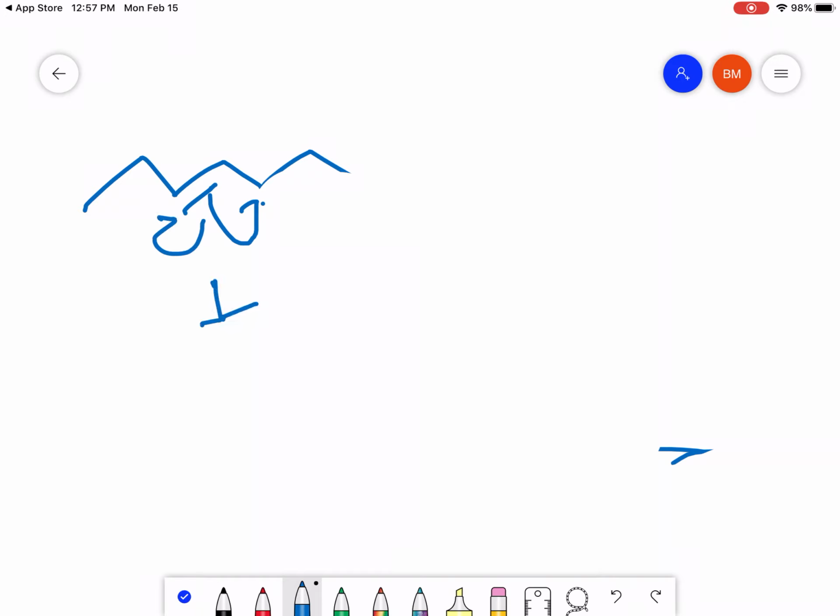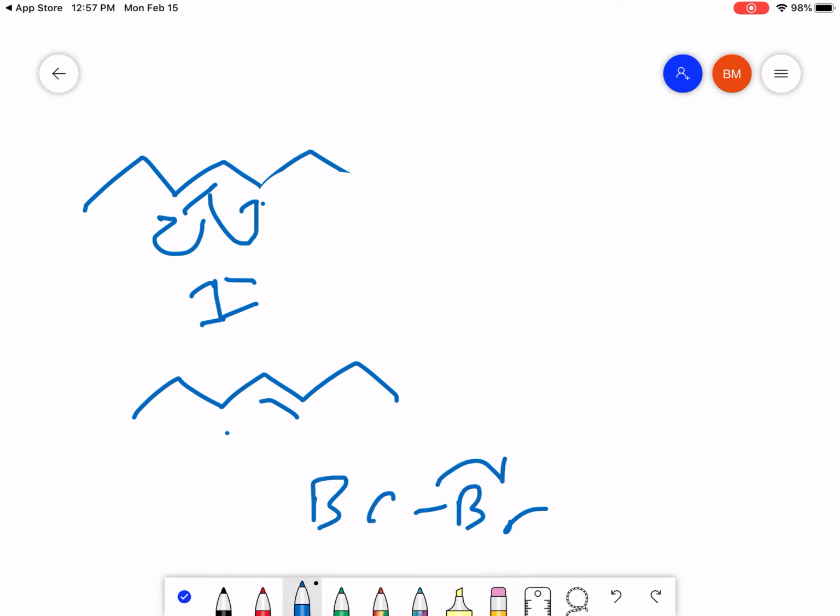Draw a resonance structure, and we get that. And then that could react with Br2 to make this.